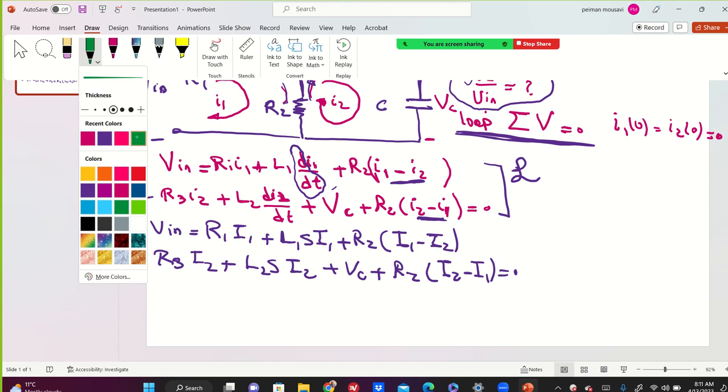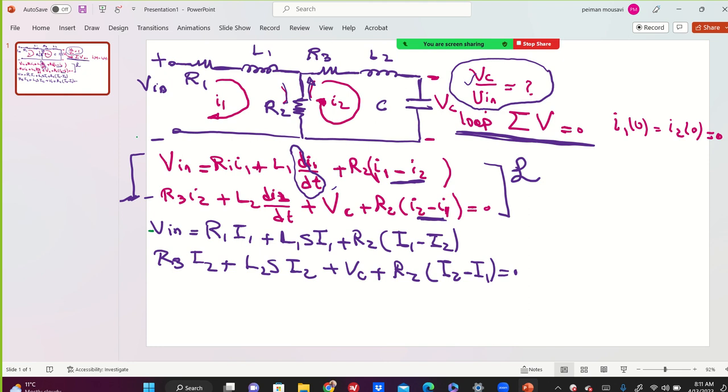Starting from this, you have Vin, because you can factor out I1, so you have (R1 plus R2 plus L1 S) I1 minus R2 I2. Everybody agree? Just double check this one, I'm developing it with you.